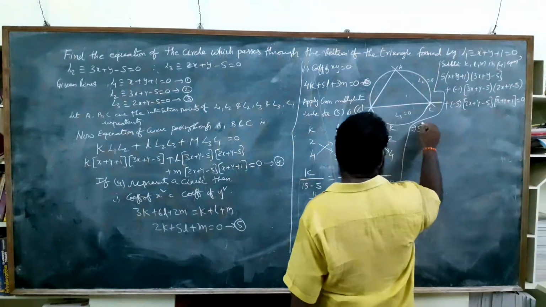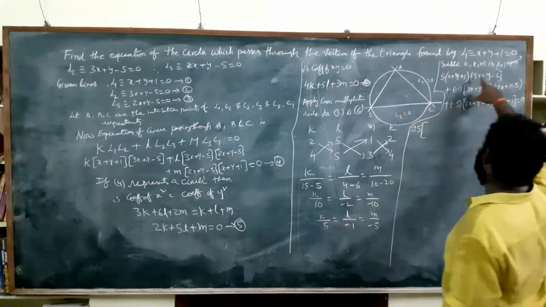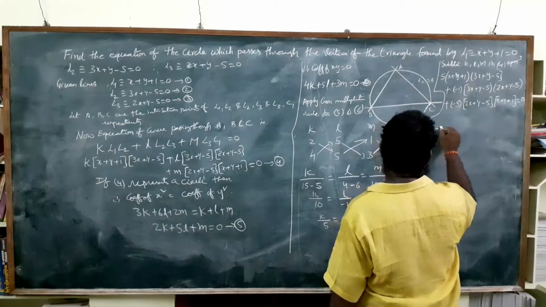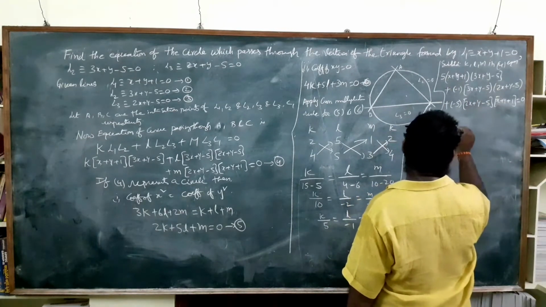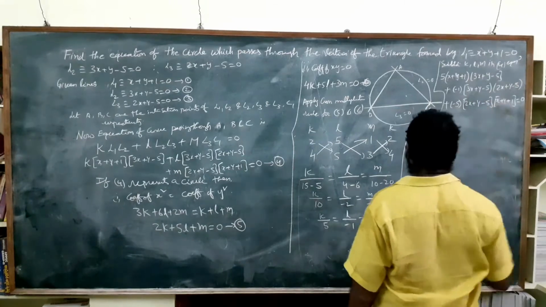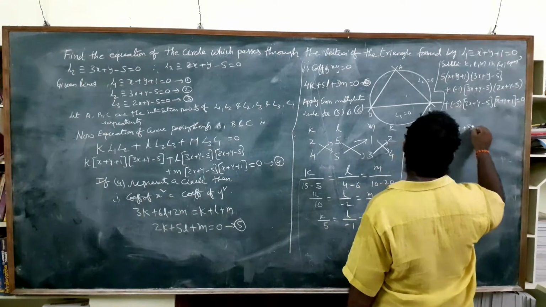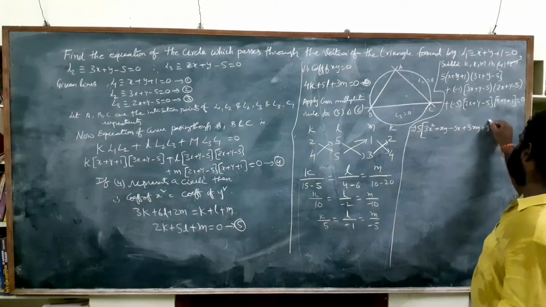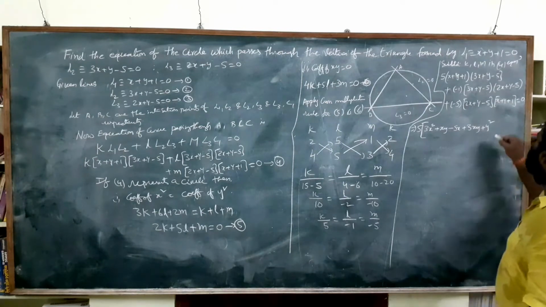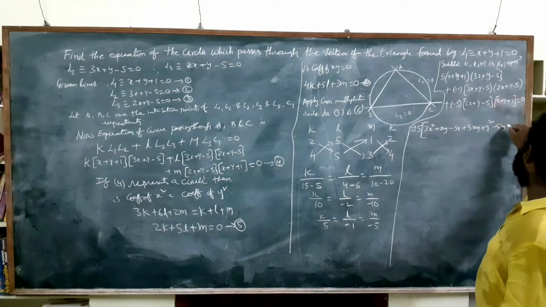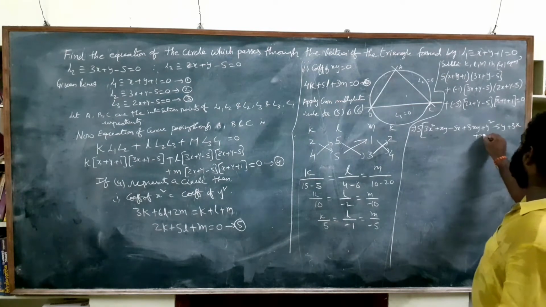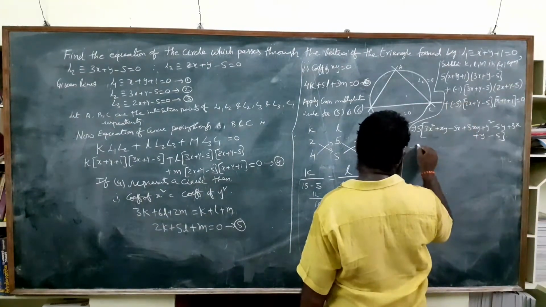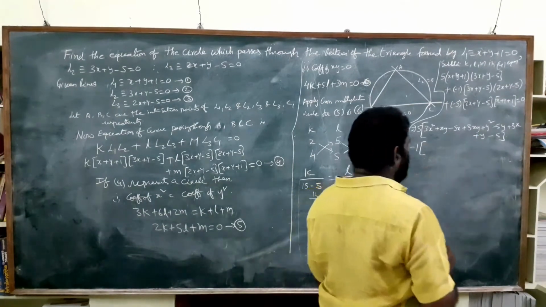So this implies 5 into, first of all, this bracket you have to multiply. x into 3x, 3x square, plus xy, x into y, xy, minus 5x, x into 5, 5x, plus 3xy plus y square minus 5y plus 3x plus y minus 5, and plus into minus, so minus 1 into bracket.